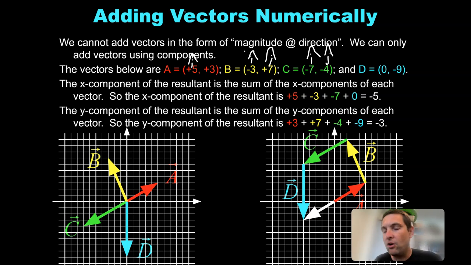So we're just adding all of our i hats and all of our j hats completely separate from each other. And that's what we have to do. We have to keep our components separate from each other until we need to combine them, but we're not there yet.